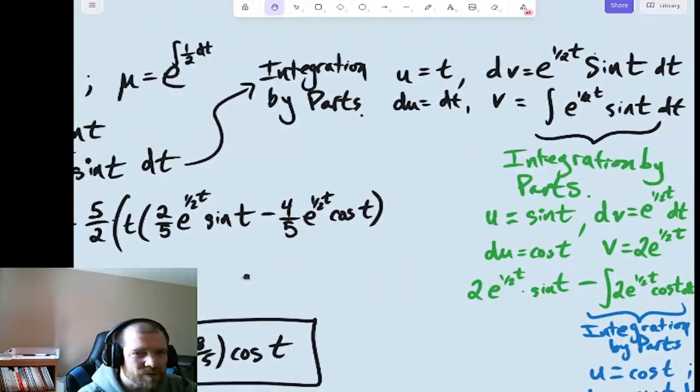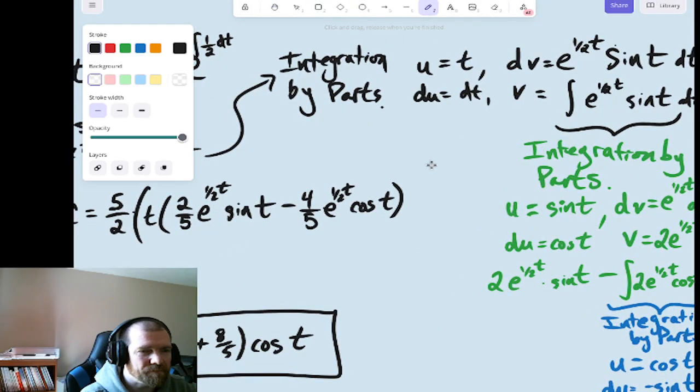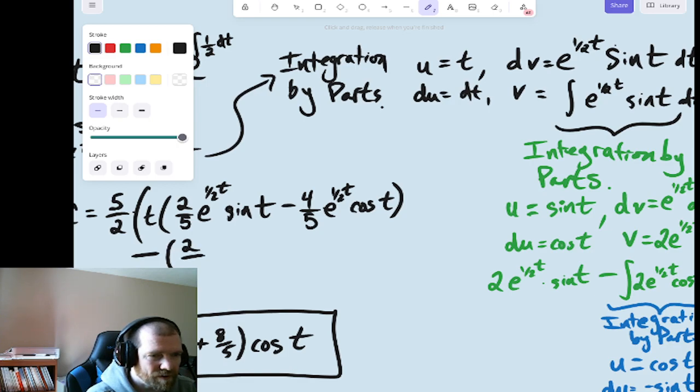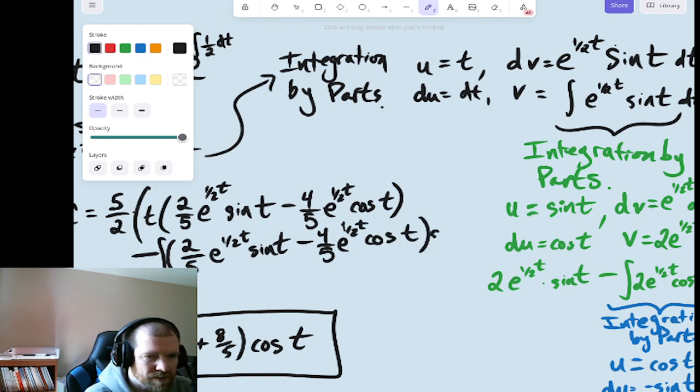Okay, so that's uv minus, right, still inside this 5/2, minus the integral of v, which was, again, this thing we just found: e to the 1/2 t sine of t minus 4/5 e to the 1/2 t cosine of t, dt. du, right, which is just dt.